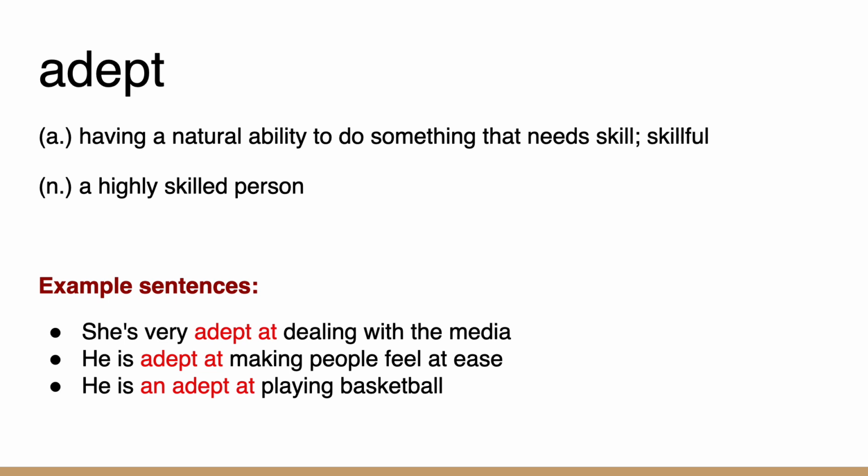For example, he is an adept at playing basketball, which means he is a very skilled person at playing basketball. For example, those NBA players, LeBron James, Kobe Bryant, or Michael Jordan, they are all adepts at playing basketball.